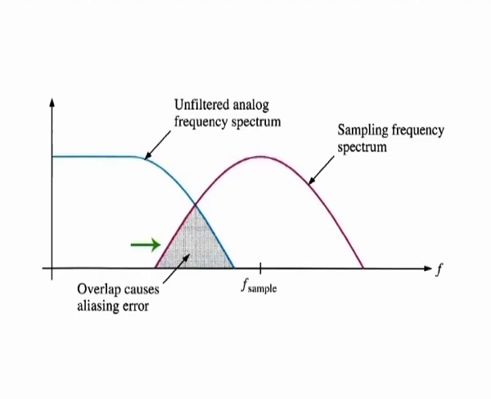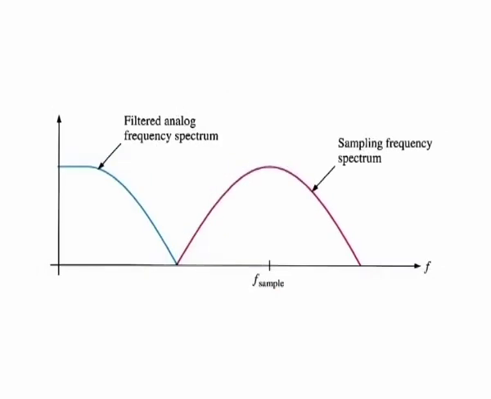A low pass anti-aliasing filter must be used to limit the frequency spectrum of the analog signal for a given sample frequency. To avoid an aliasing error, the filter must at least eliminate all analog frequencies above the minimum frequency in the sampling spectrum as illustrated in this figure.